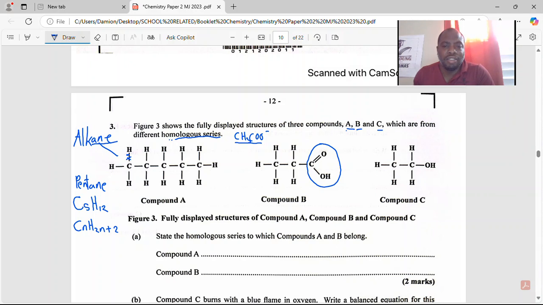So we call this anion the ethanoate ion.